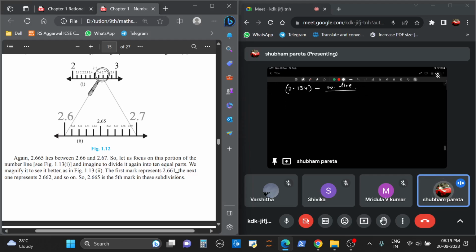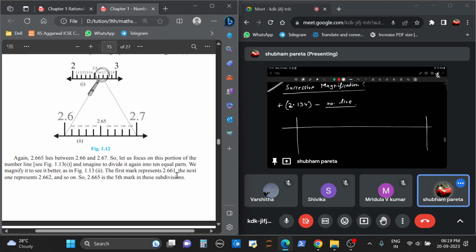First of all, we need to understand whether this number is a positive number or a negative number. This number is a positive number, and the domain range for this number is basically from where?